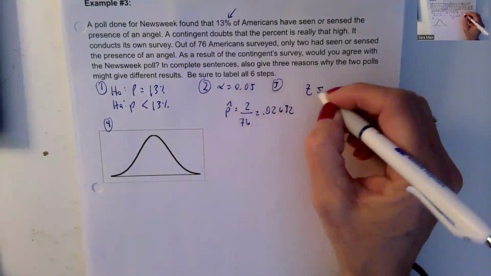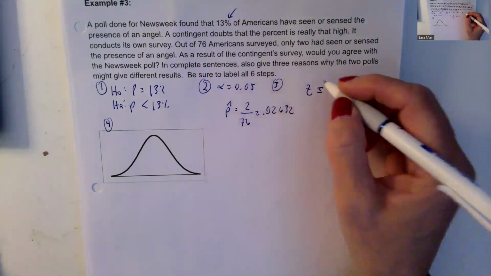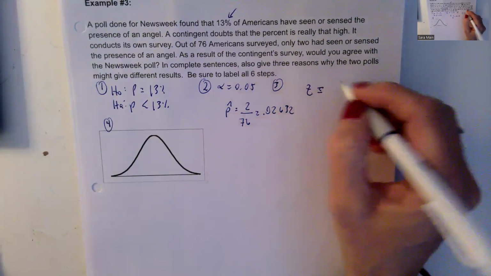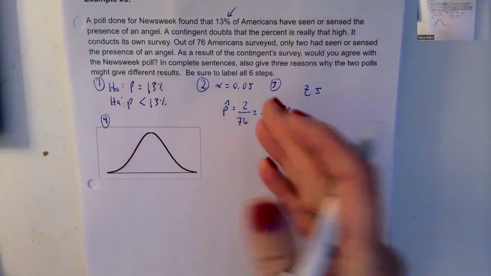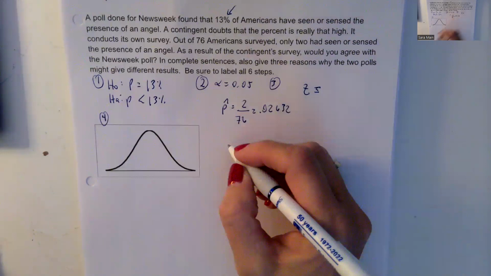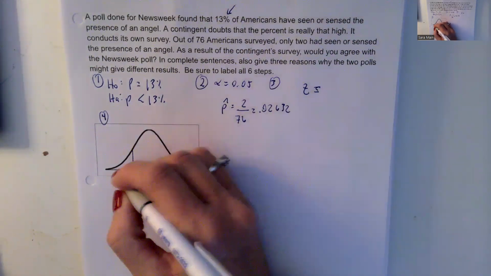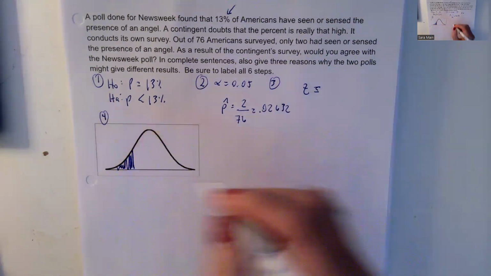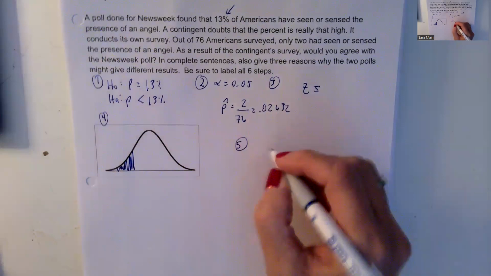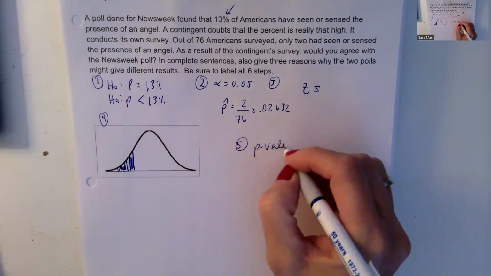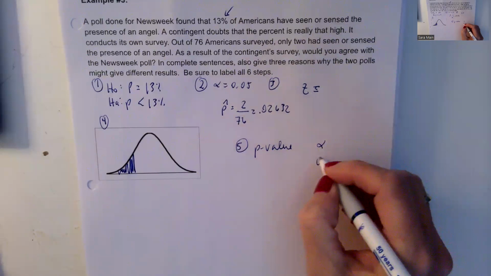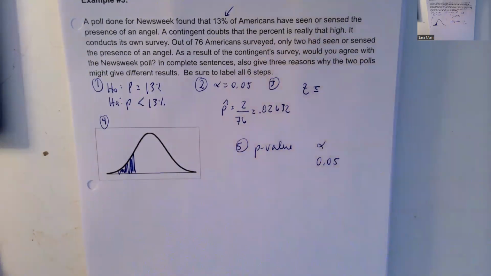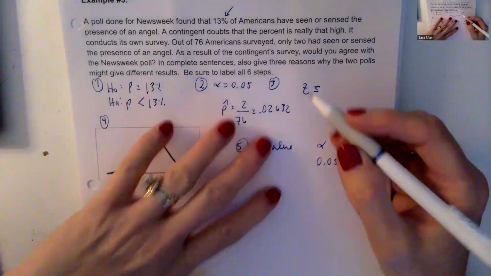So our test statistic, we could put it all into the formula, but we're going to let the calculator do the work for us. It's a left-tailed, so we're going to shade to the left. And then we're going to compare our p-value to our alpha, which is 0.05. And we could use a critical z-value here.